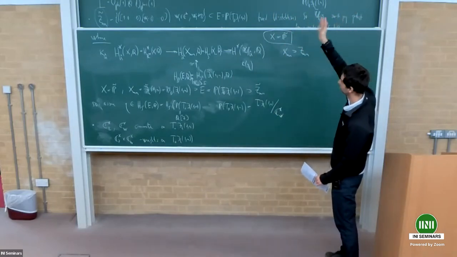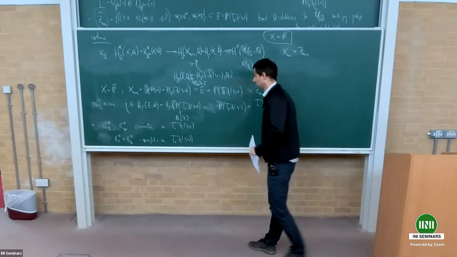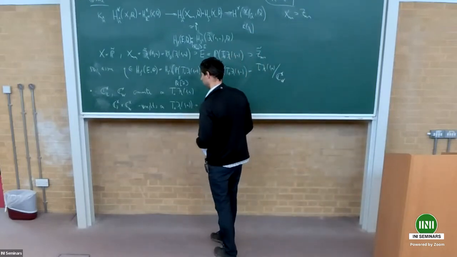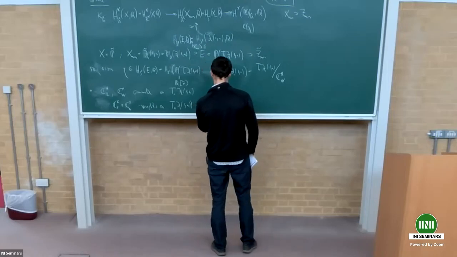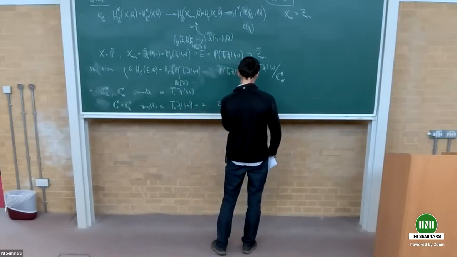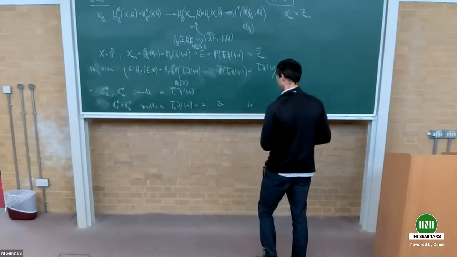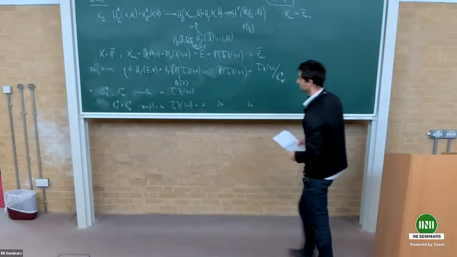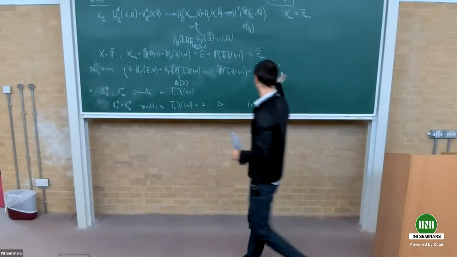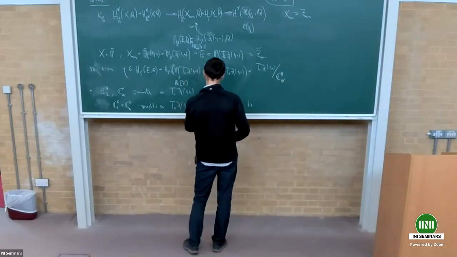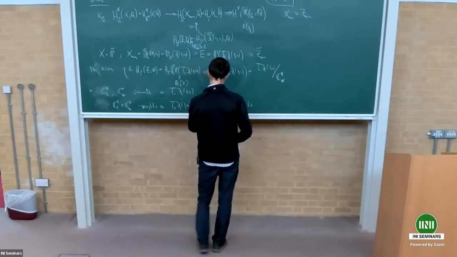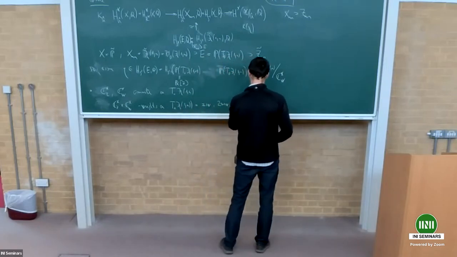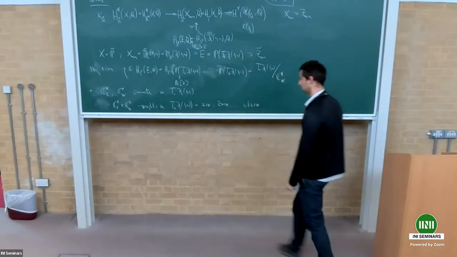So it's 1, 2, up to K. So the weights on this space are Z, 2Z, up to k times Z for the C star, the Z weights. And for the W weights, W is just really a rescaling with equal weights, so that's going to be just plus W. Right? So these are the weights.